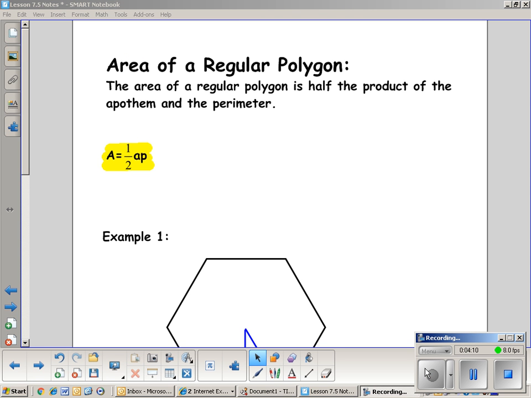So the area of a regular polygon is half the product of the apothem and the perimeter. Okay? So A is the apothem.